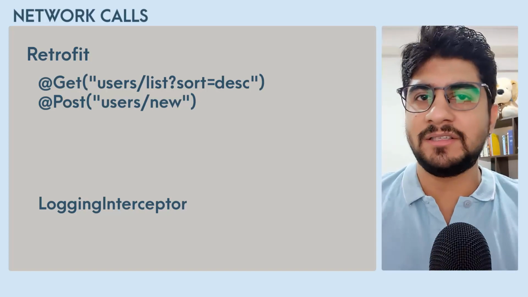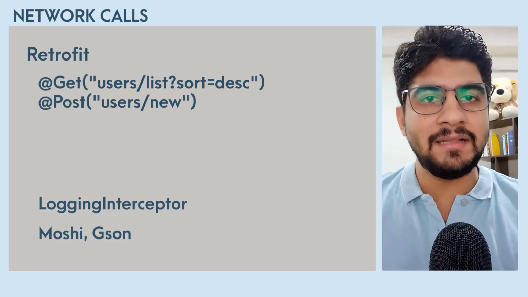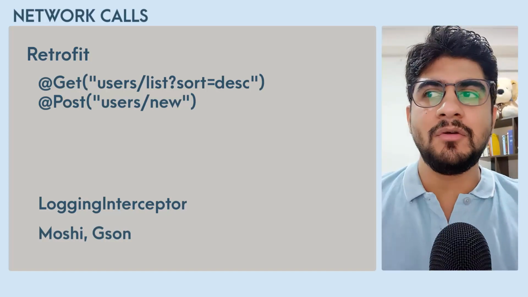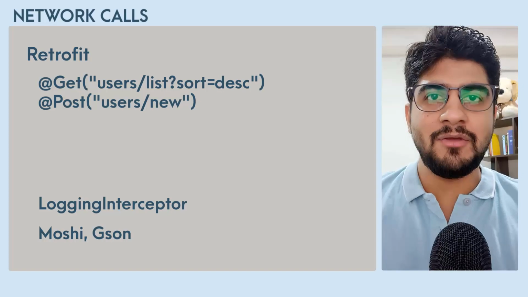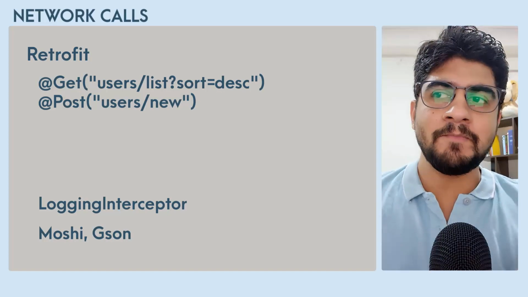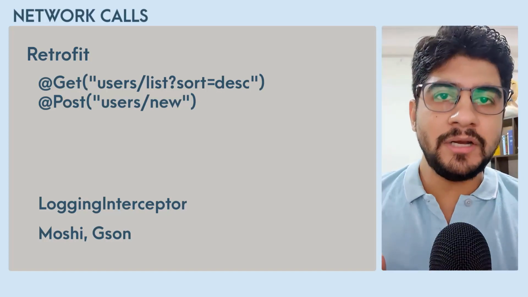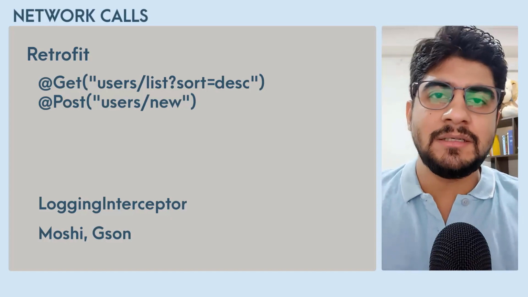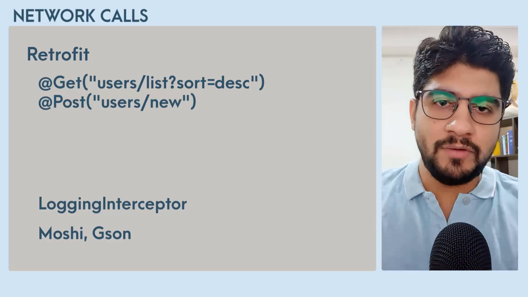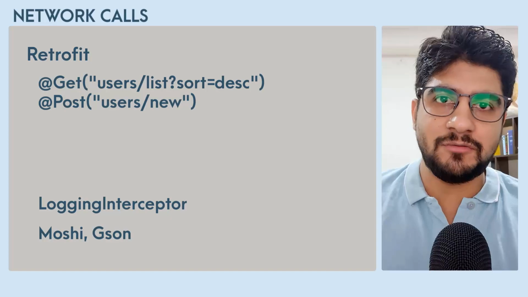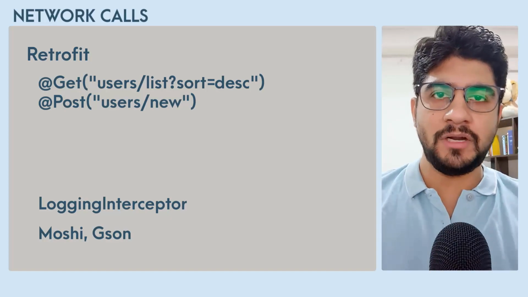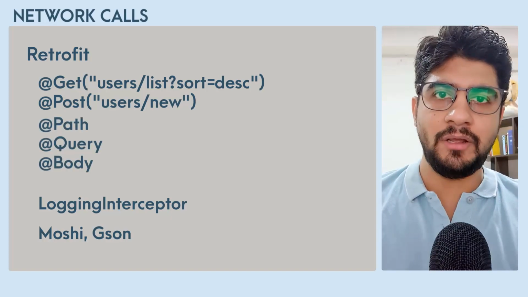You can use Moshi, Gson, or any library, and the adapters are already created. So by using just one line, you can tell Retrofit to return the data after parsing, and it will do so automatically as soon as the response is fetched from the API. You have some more annotations like @Path and @Query.